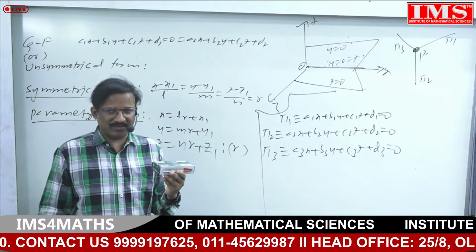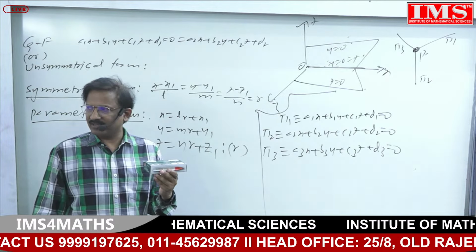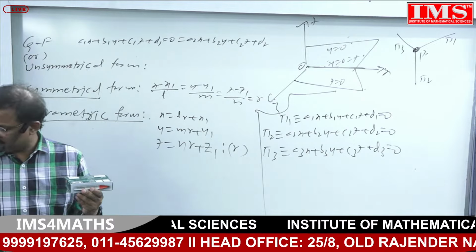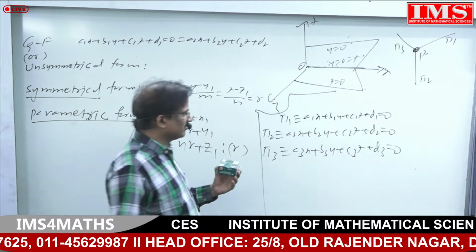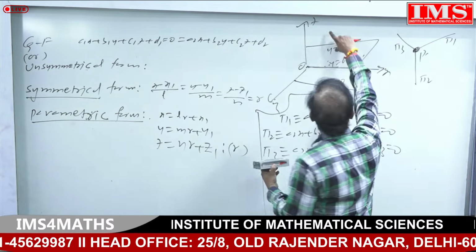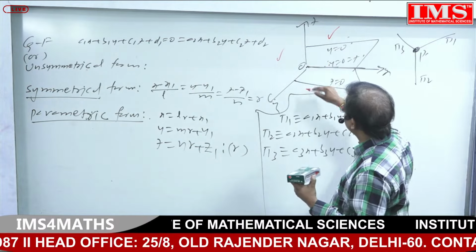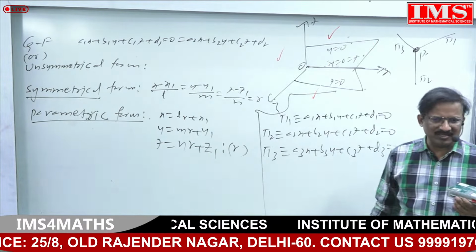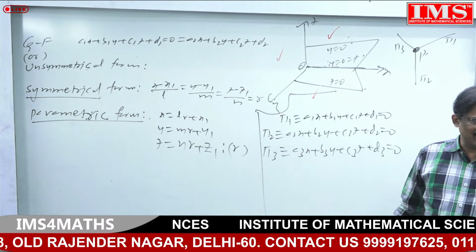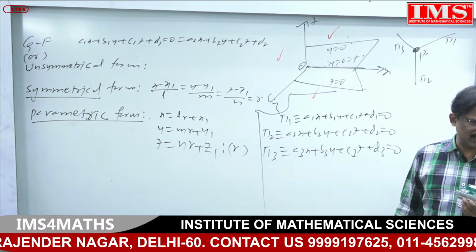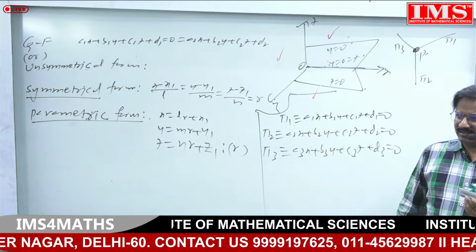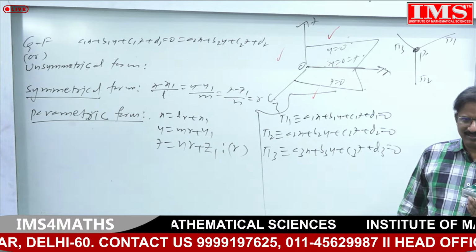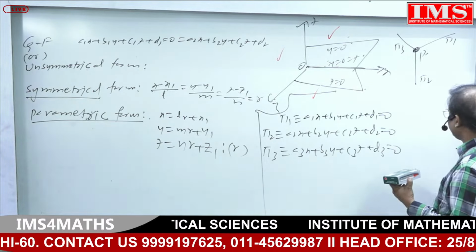But they may be perpendicular. And like the origin, somebody was saying, correct? This is one plane, this is another plane, this is another plane. The three planes together in a common point, the origin, is one particular case. Otherwise, in general, you can also have it. Right? Next point. You see, very simple.